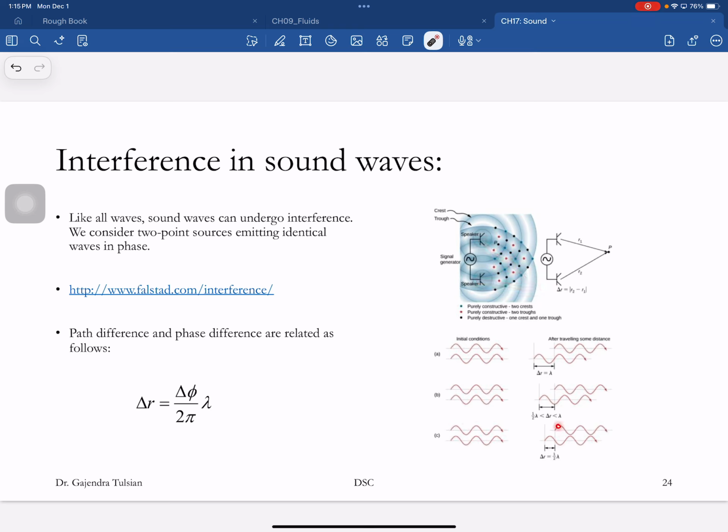These two waves will cancel each other. Every time a crest and a trough arrive, they cancel, and that is destructive interference. If both reach with a crest, they add each other. That's constructive interference. Let me show that to you.